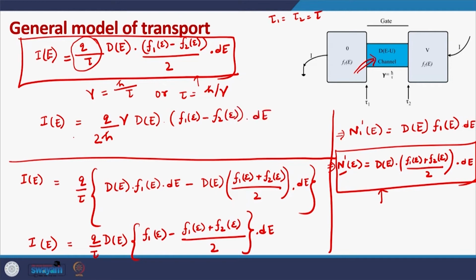So, just another way of writing this, and the total current in the device will be essentially the integration of this expression over all possible energy values. So, this will be the expression for the total current.